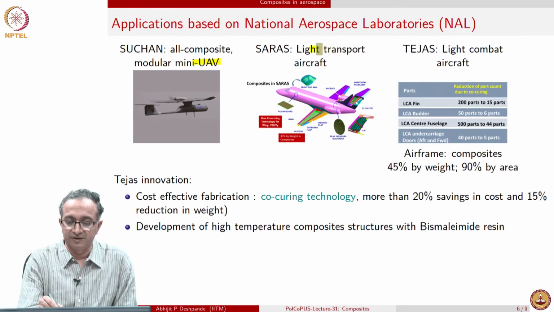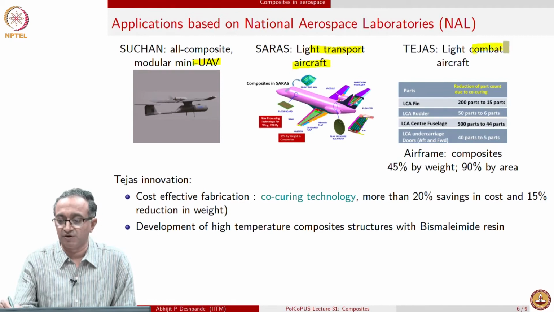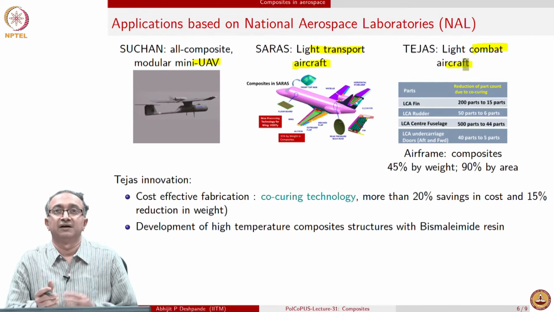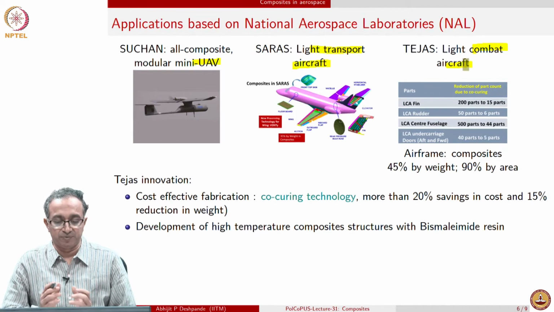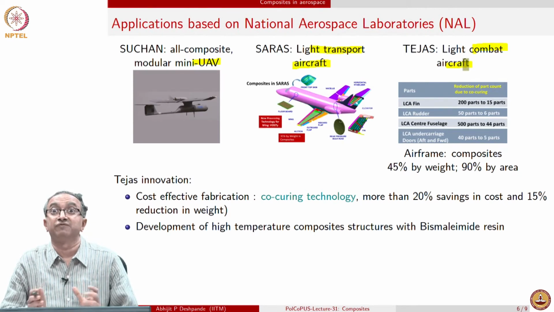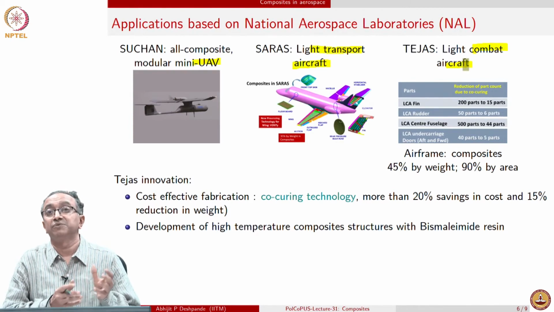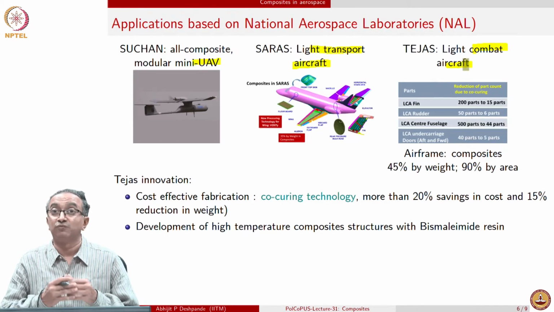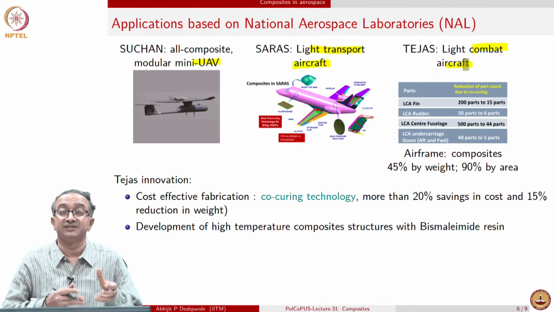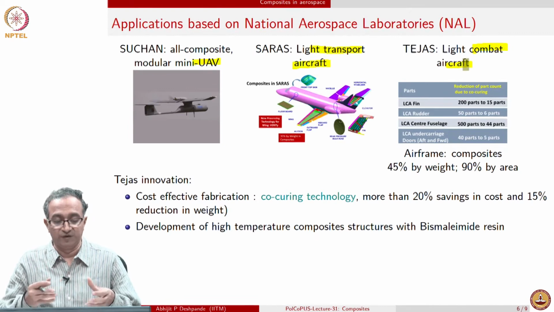We have a light transport aircraft and a light combat aircraft, and all of these are prominent examples where composite materials are used. Just go and read some of the details about what type of composites are used and why in these materials, and you will get a hint about what type of thermoset polymers are used and why, and what is the nature of the reinforcement. Is it glass, is it carbon, is it Kevlar, and why?